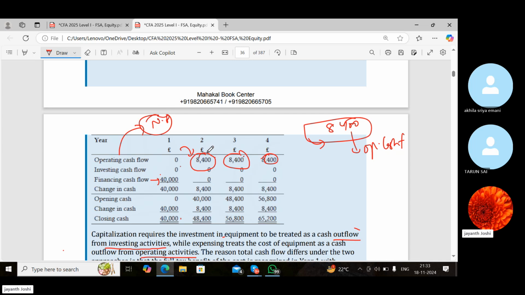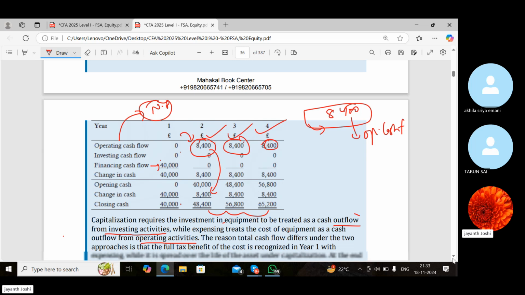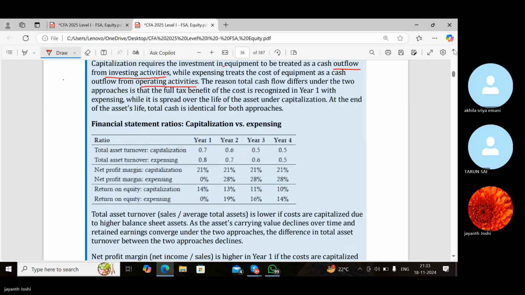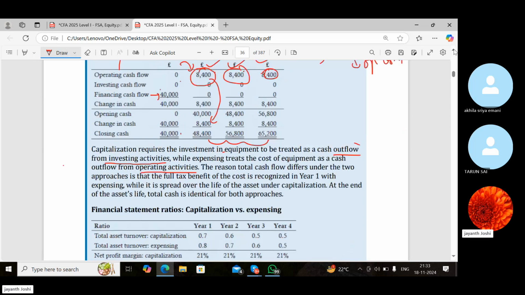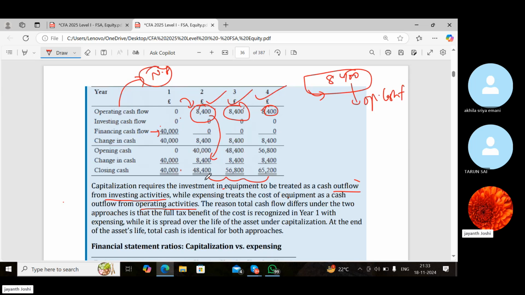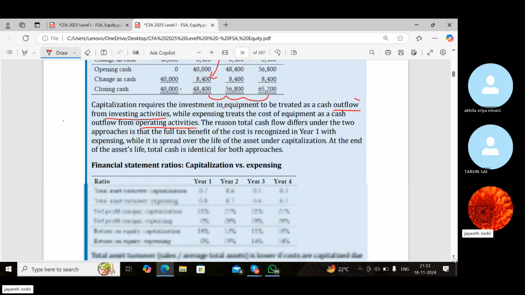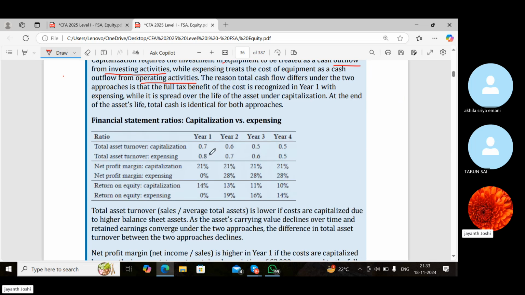This itself becomes operating cash flow. And that shows that there is an increment of this every year in the closing cash balances and the asset value is increasing. Hence we see 40,000, 48,400, 56,800, 65,200. If the assets in the denominator are increasing, the ratio will definitely decrease.